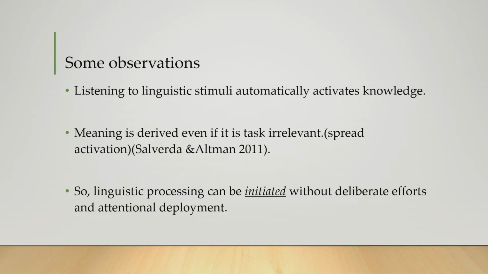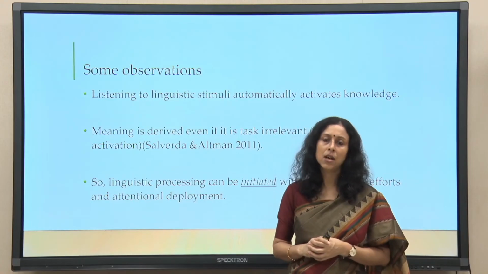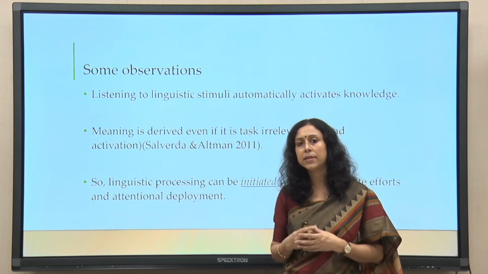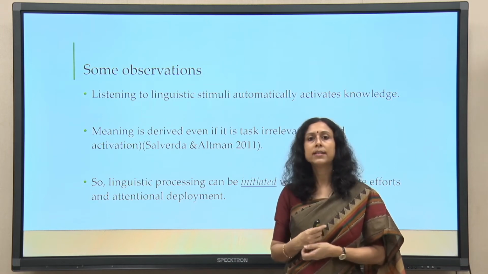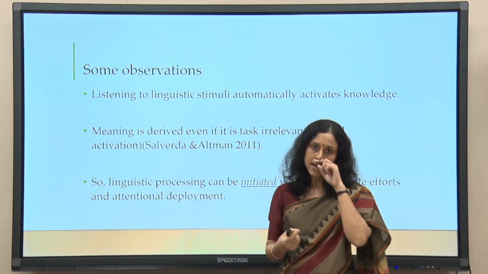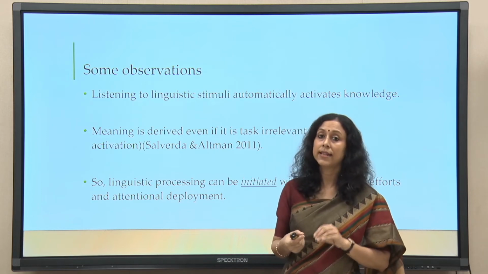Now, certain things about linguistic processes have already been observed. This has been around for a very long time. First and foremost, a large aspect of linguistic processing appears to be automatic. What does that mean? When we listen to any linguistic stimuli, for example, right now I am speaking, anybody listening to me will automatically process it, whether or not a deliberate deployment of attention takes place.